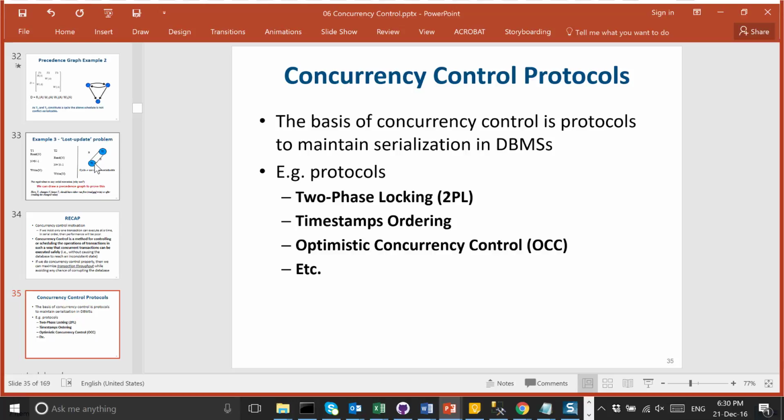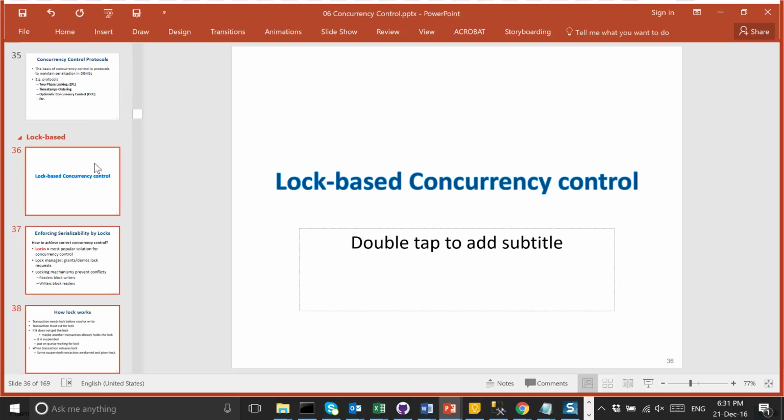Pessimistic means they do interventions while the transaction is running to try to prevent the concurrency problem in the first place. While optimistic, as I explained, they let transactions do what they please, and then just before they commit, they do the validation. There's a validation phase. If a transaction happens to be in violation of the concurrency rules, then it will be aborted. Okay. So we will see some of these, but we will focus more on the locking.